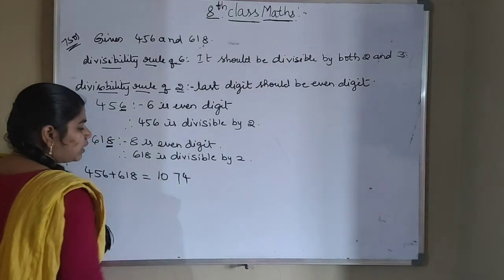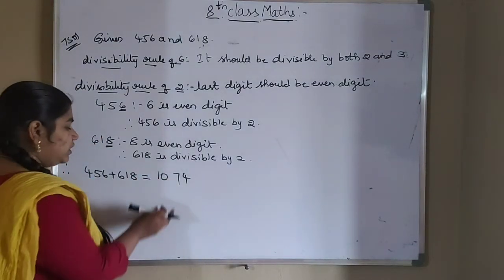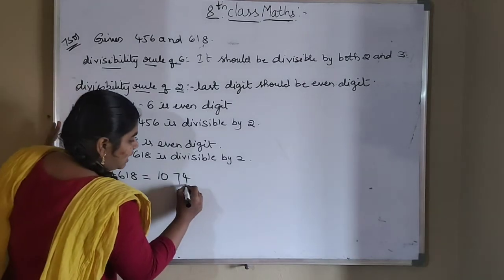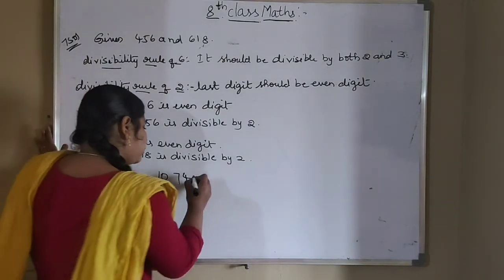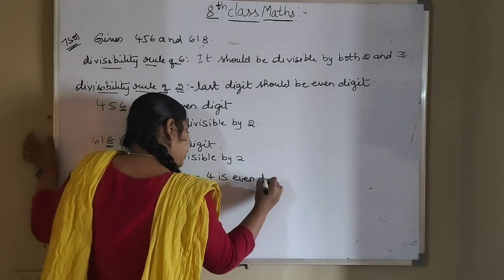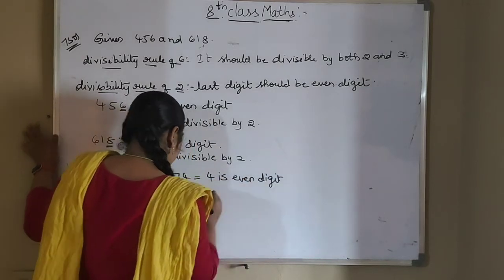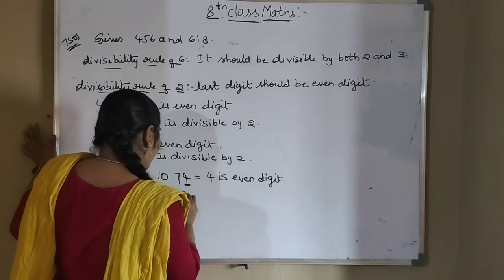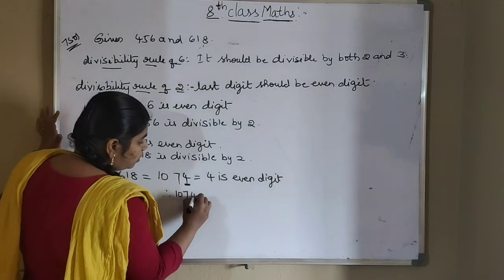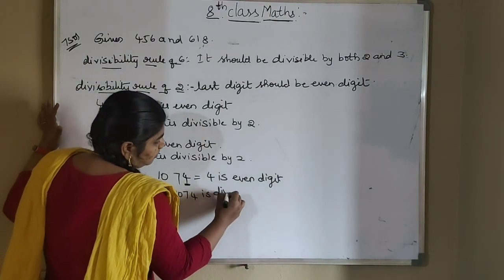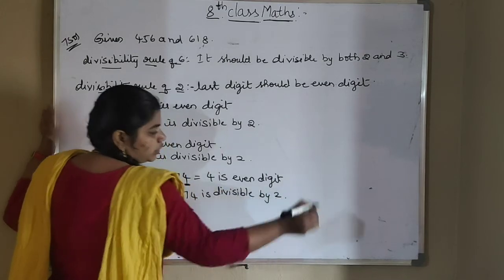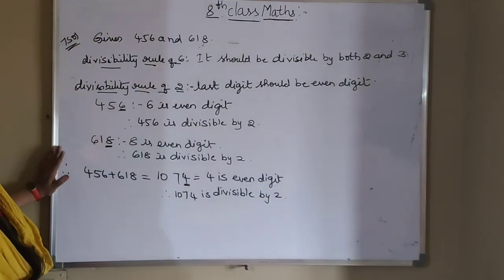So you got 1074. Whether this value is also divisible by 2 or not, we have to check. What is the last digit here? 4. 4 is an even digit. Therefore 1074 is divisible by 2.